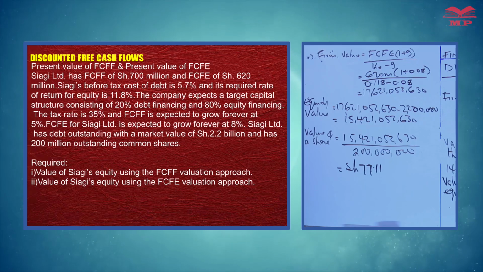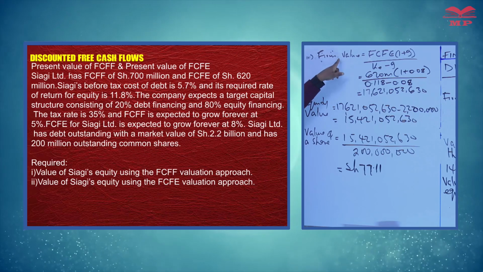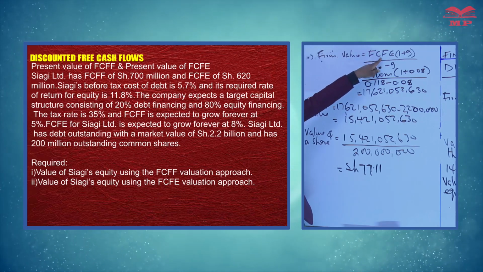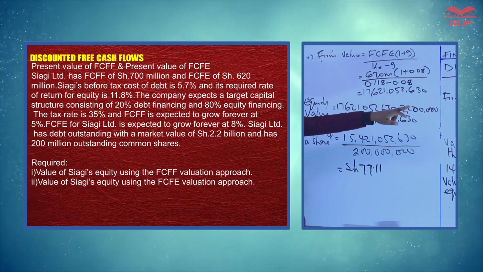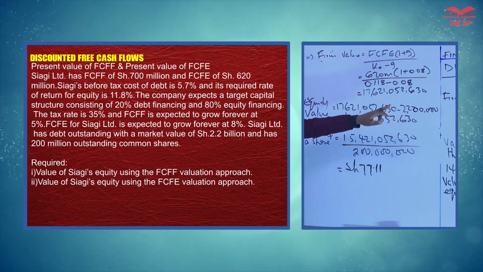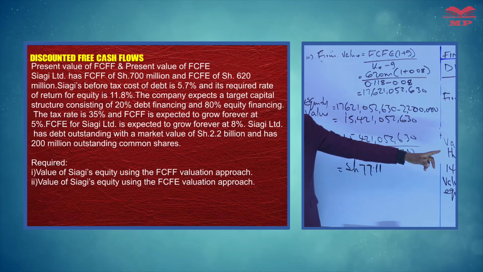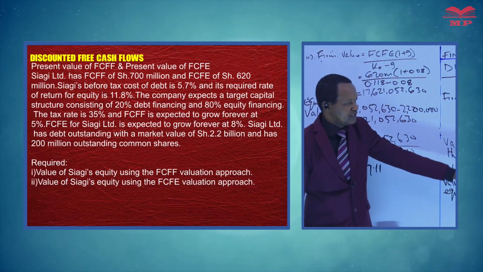The 17 billion is the value of the firm using FCFE. The other one was the value of the firm using FCFF, the total value. And we know that the total value of the firm is equal to the value of equity plus value of debt.